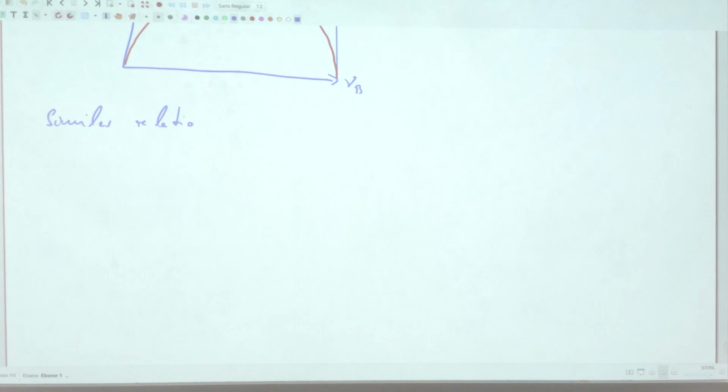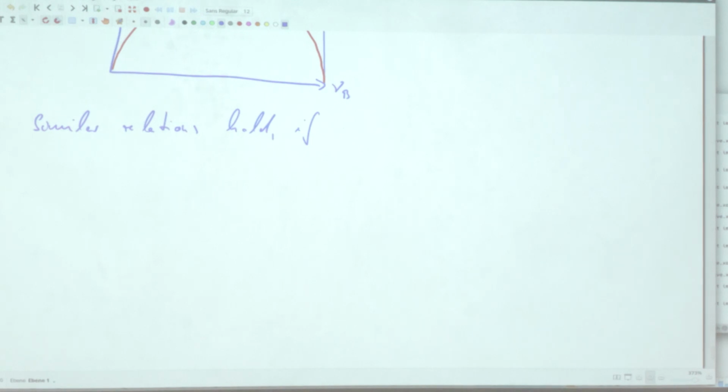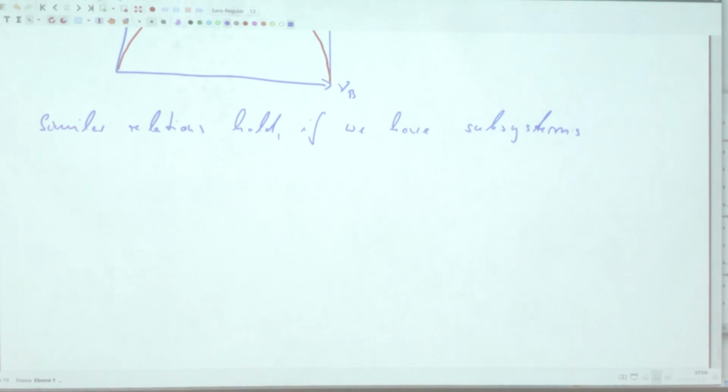So if we have certain subsystems, then we get an entropy minus n k_B sum p_i ln p_i. The p_i is just the probability to find the system in one of these subsystems.